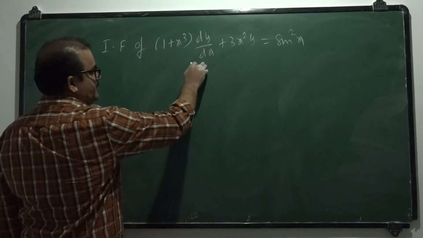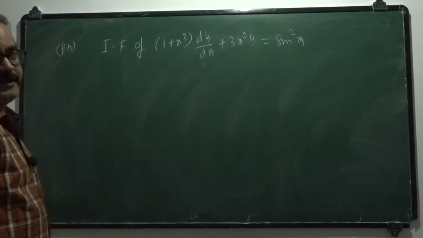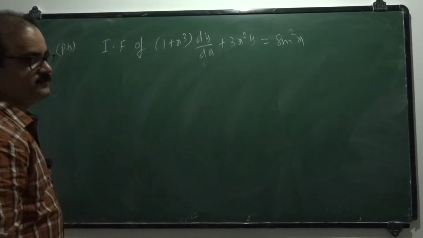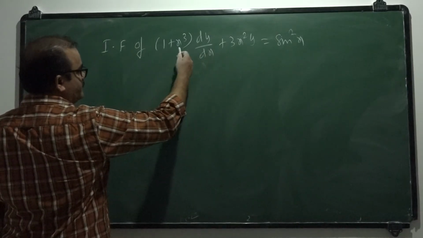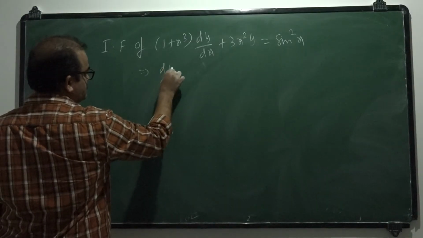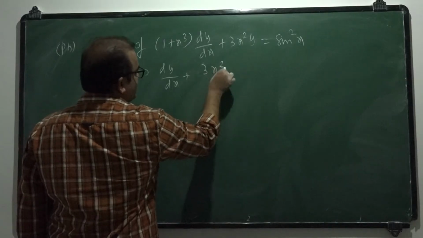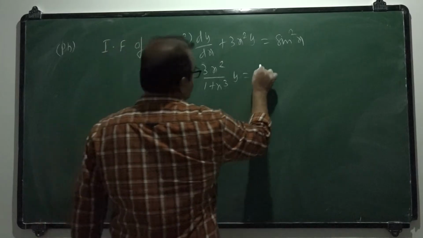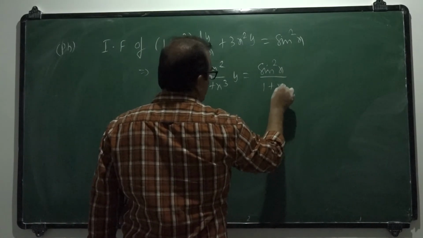See here, it is not a homogeneous equation and the variables are not separated. Now we check whether it is a linear equation or not. Divide both sides by 1 plus x cube. Then the equation becomes dy by dx plus 3x square by (1 plus x cube) into y is equal to sine square x by (1 plus x cube).